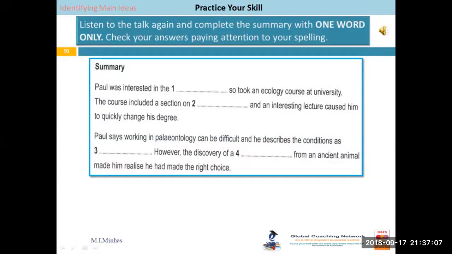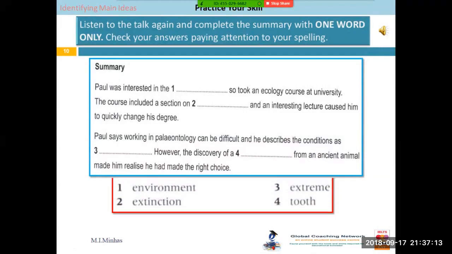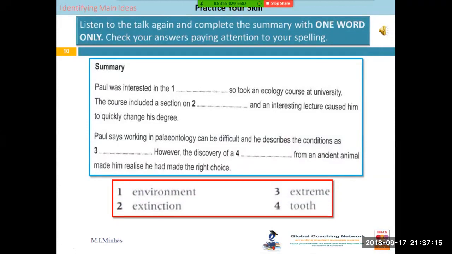For number 3, sorry, not awful actually, extreme. Just check your spelling, please. Environment, extinction, extreme, and then tooth. Yeah, okay, I hope the spellings are correct.